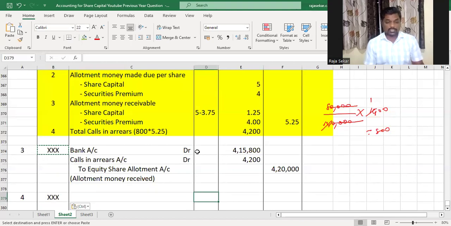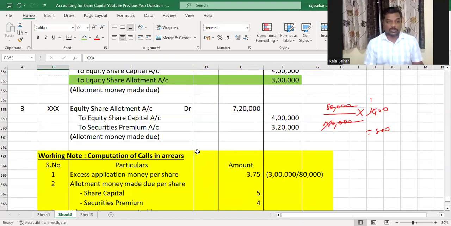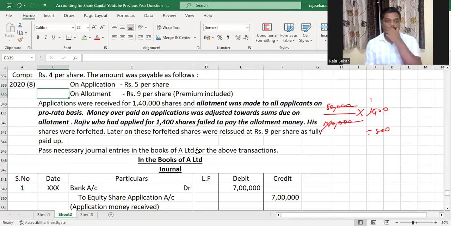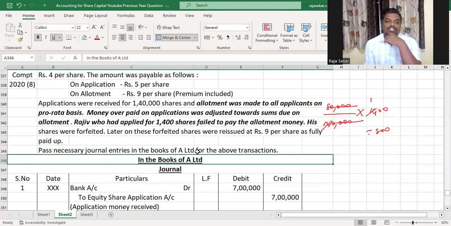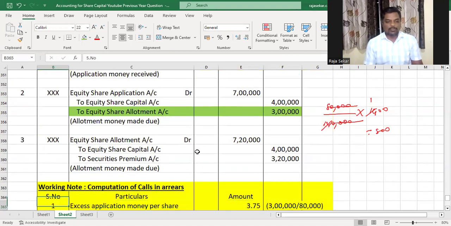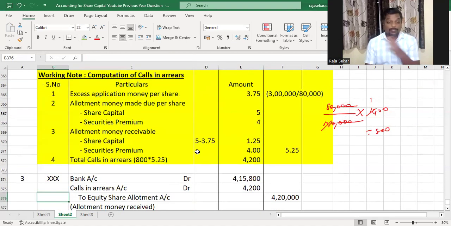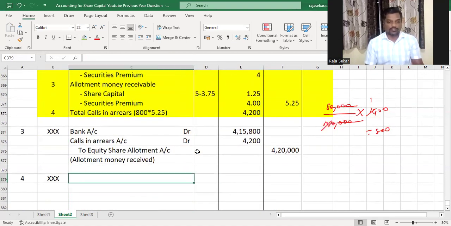What we need to do next is forfeit the shares of Rajiv, because there is no first call in this question. So we just have to go ahead and forfeit the shares. And the journal entry for forfeiting the share, whenever premium is involved, is what, my dear children?